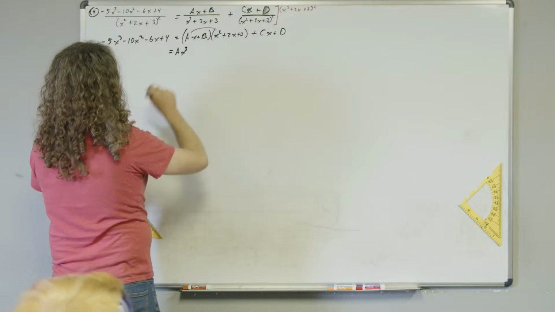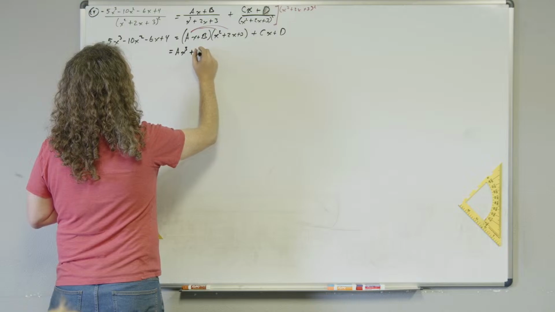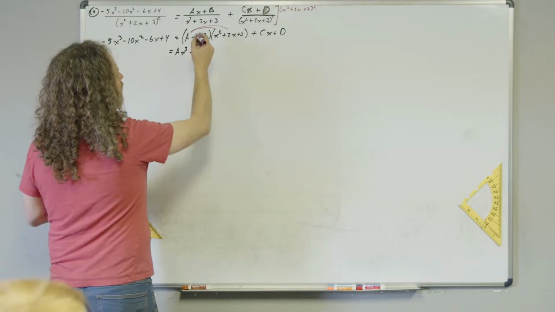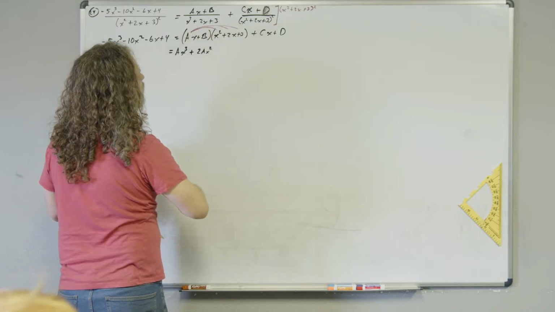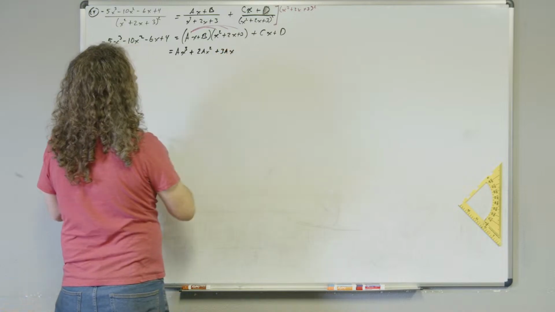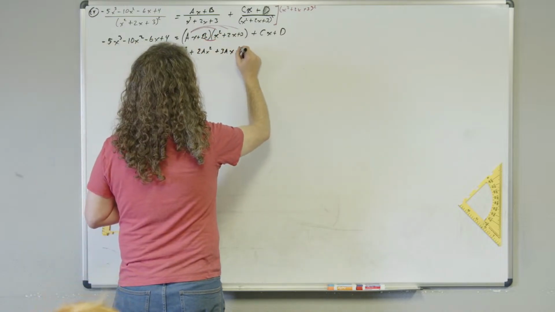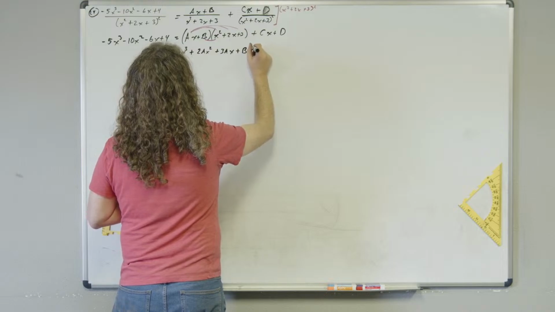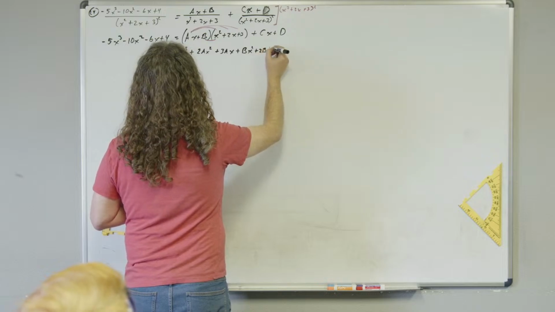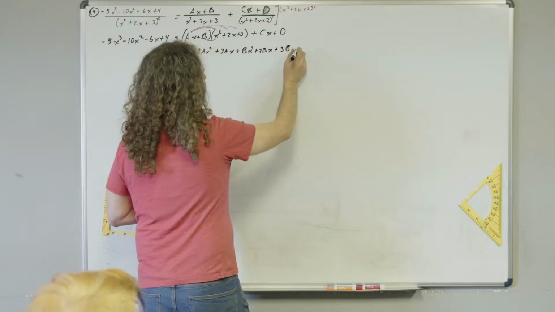Cubed, and then ax times 2x is 2ax squared, and then ax times 3 is plus 3ax. B times x squared is bx squared. That's easy. The rest are easy. Bx.